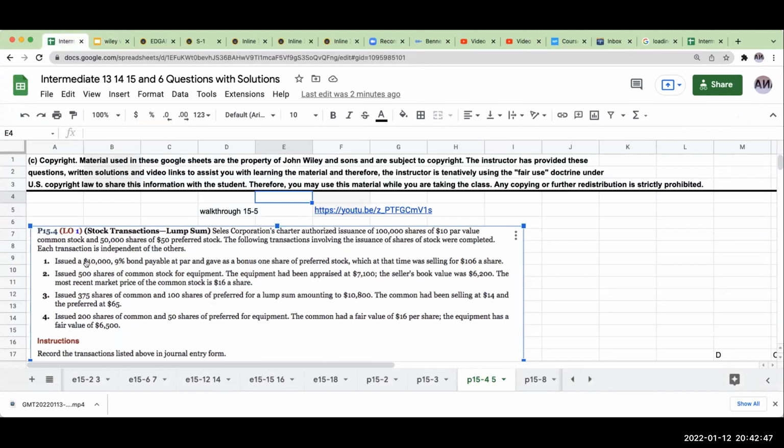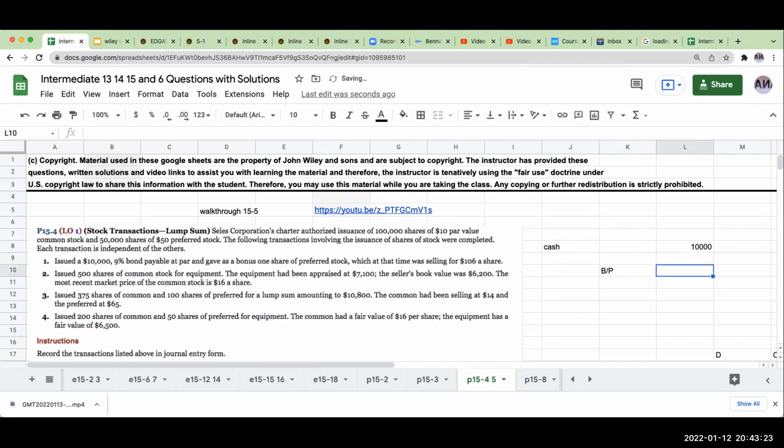Okay, so we issued a $10,000 9% bond payable at par and gave as a bonus 1 share of preferred stock, which at that time was selling for 106 per share. In reality, this is not a bond payable being issued at par. The cash we're going to receive is 10,000 because the bond is being issued at par.